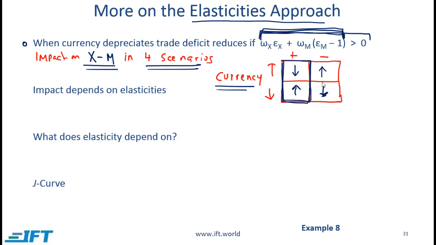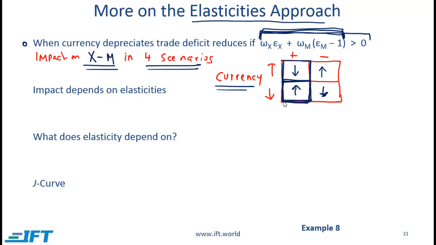The scenario that we just saw was this box at the bottom left, because the currency devalued and the Marshall-Lerner condition did hold. In other words, this expression was positive.